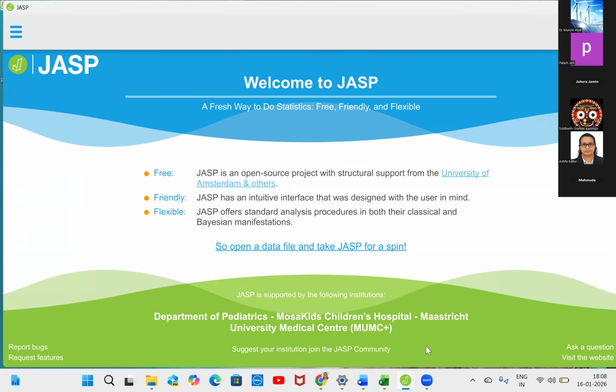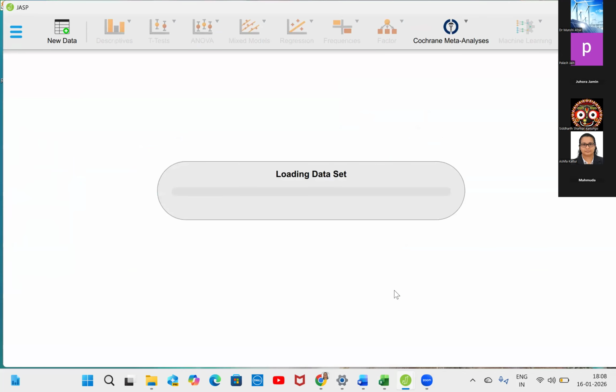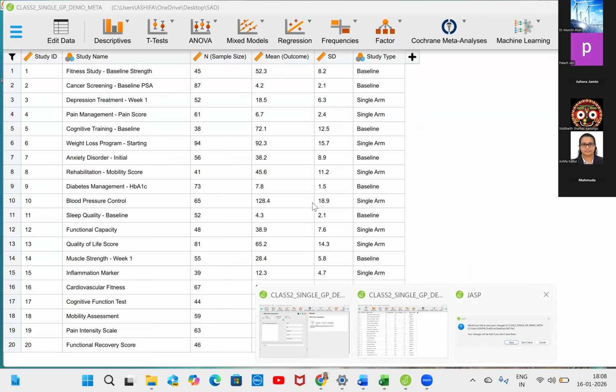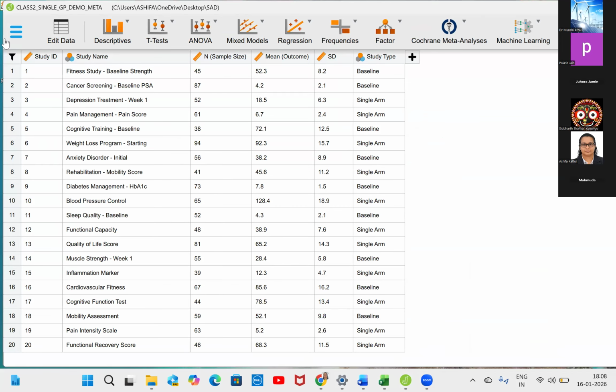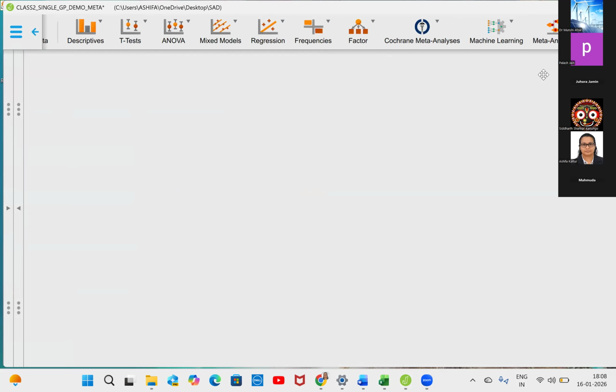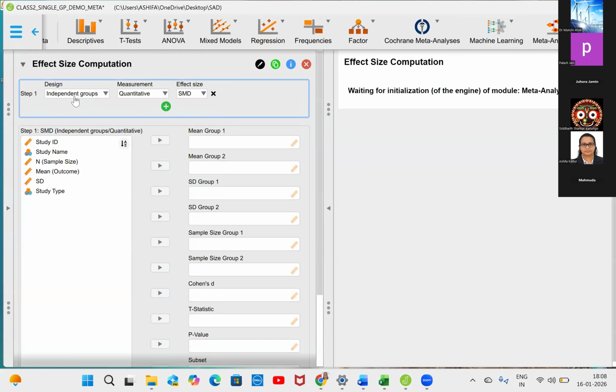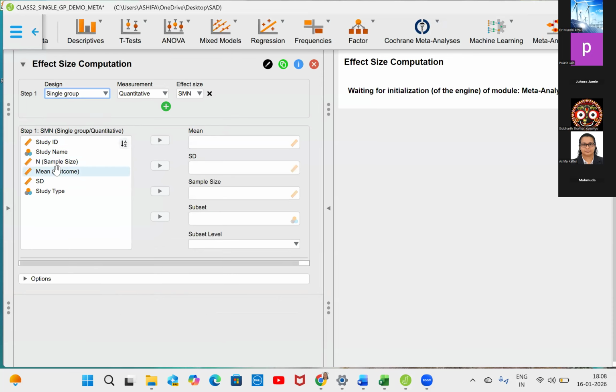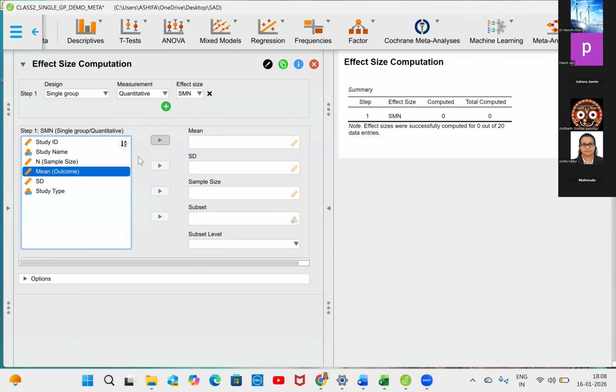It's now opening new. You have so many files opened. Go to the meta, effect size computation. Go to the single group, mean.